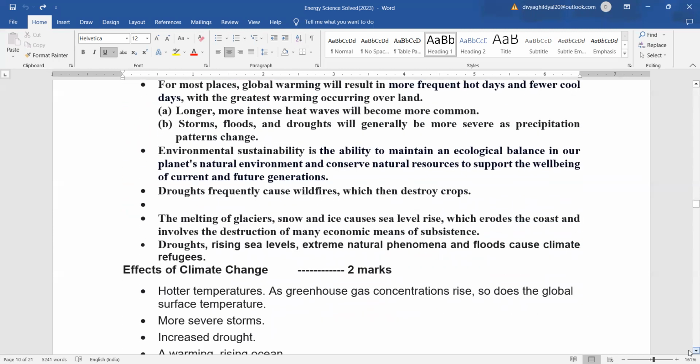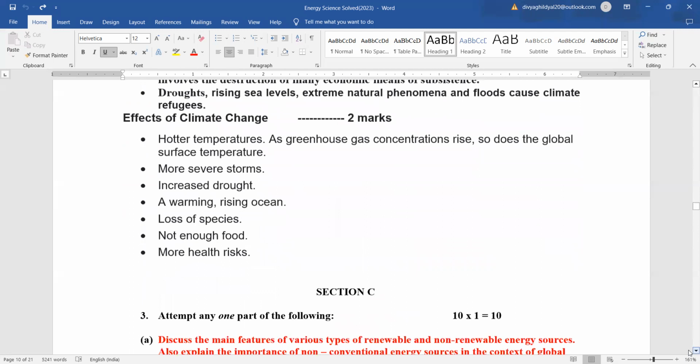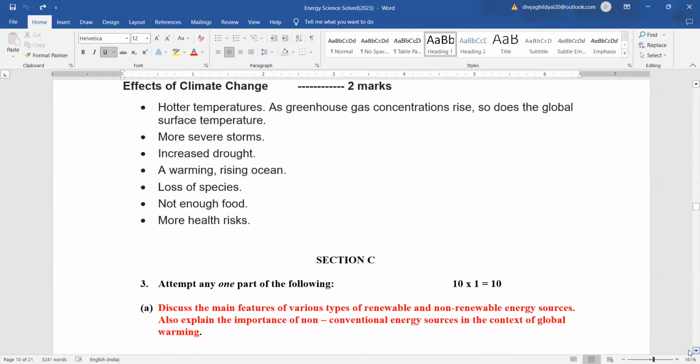If it is cold, it is very cold. If it is hot, it is very hot. And climatic changes are occurring because of this impact: severe storms, drought, warming, rising oceans, not enough food, and of course, much more health risk. Elaborate more on these points, and write them down in your own words.